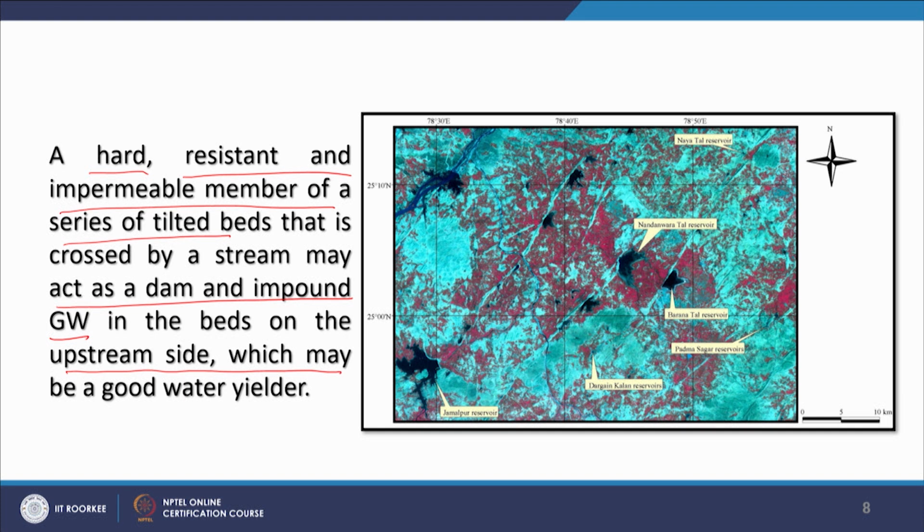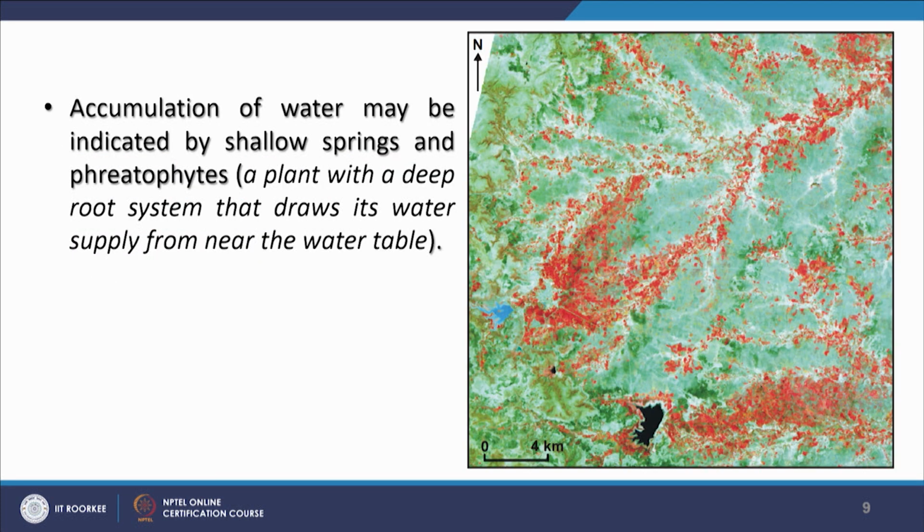But if we have such impoundment of water on the surface, then the availability of water and yield will be sustainable from these areas, even with unconfined aquifer conditions in a completely hard rock terrain like this granitoid. So this is the understanding which we require.